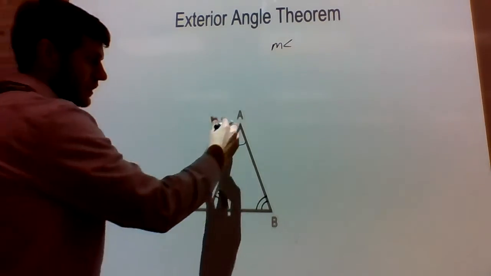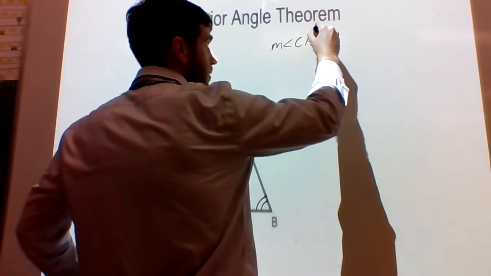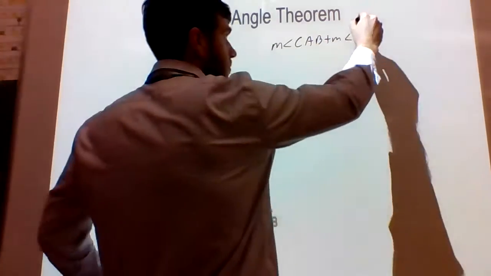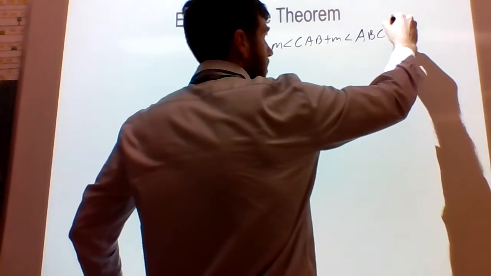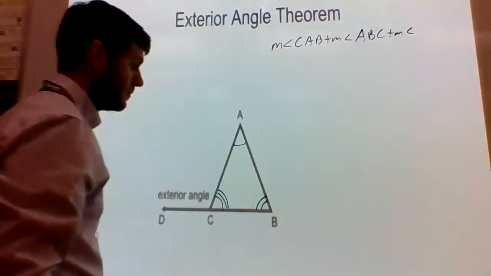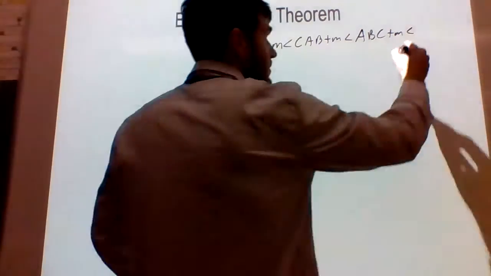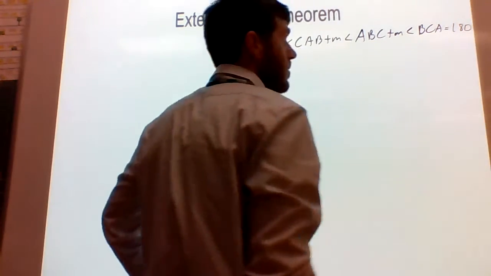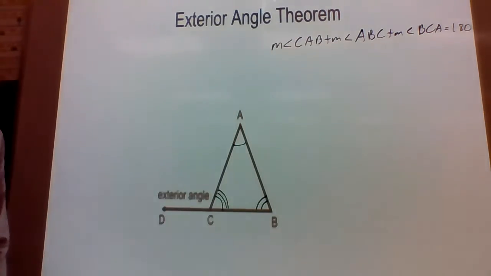Okay, so the measure of angle CAB plus the measure of angle ABC plus the measure of angle BCA is going to equal 180 degrees. The three interior angles add up to 180 degrees. That was what the triangle sum theorem told us.